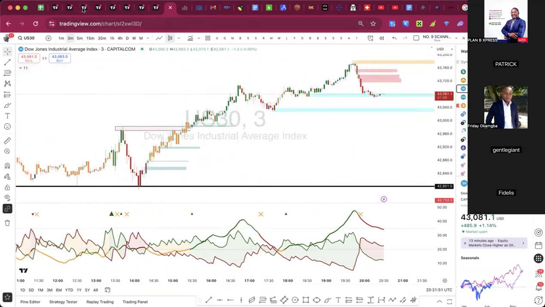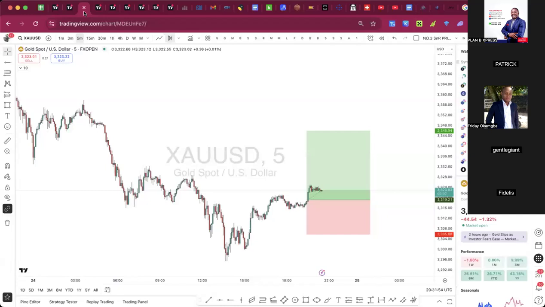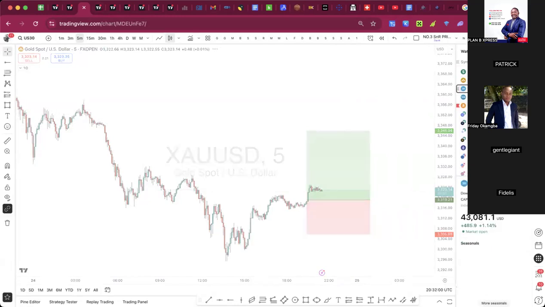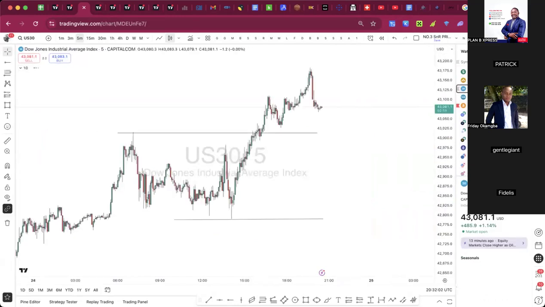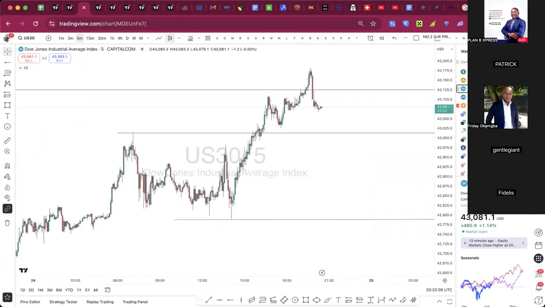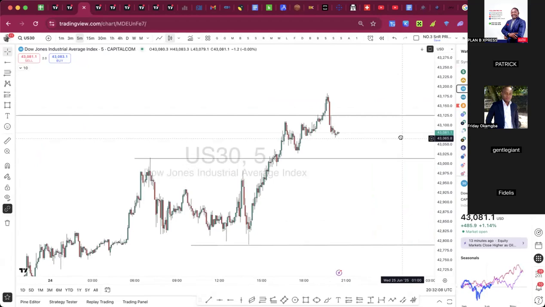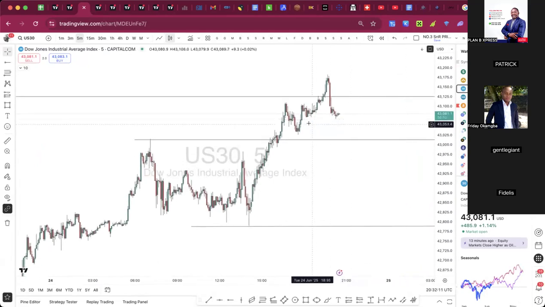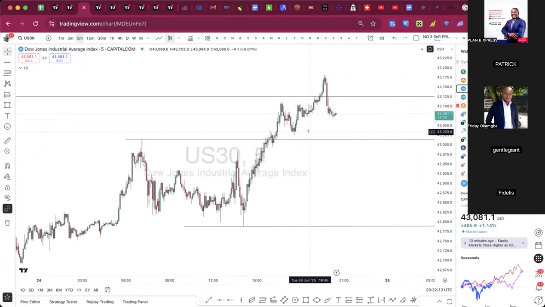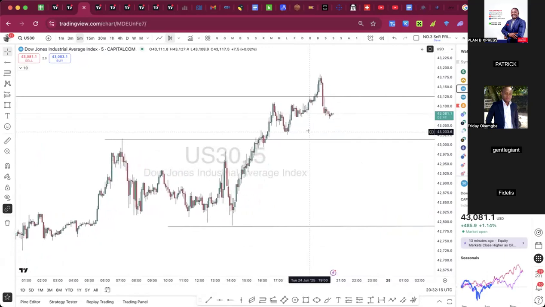Remember, I told us here that was US30. Was it down here? We did our calculation. I think it was here or on the other side. I think it was here.